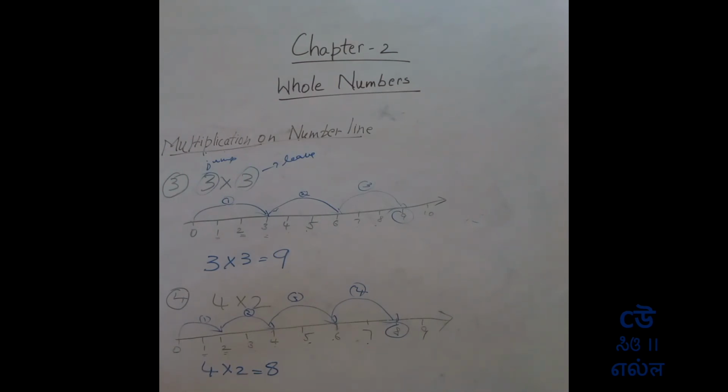This is how you do addition, multiplication and subtraction on the number line. And you have to keep in mind the whole numbers and natural numbers: what are whole numbers, what are natural numbers, and how will we represent the numbers on the number line.